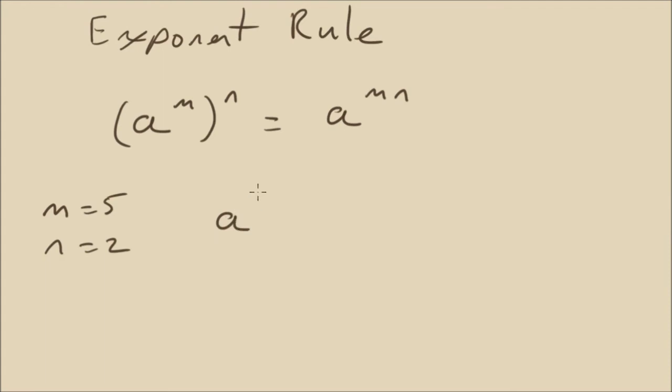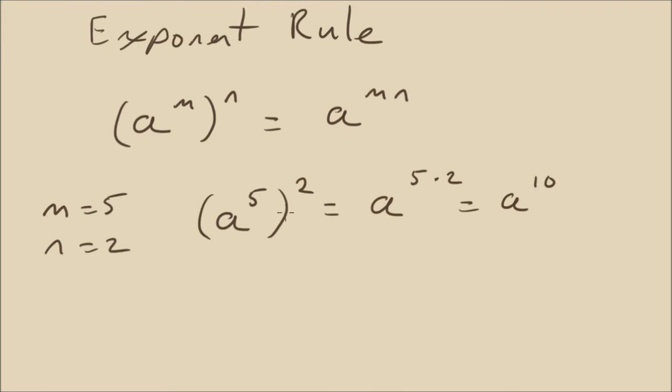So a to the 5 all brought to the 2 is going to equal a to the 5 times 2, which is going to equal a to the 10.